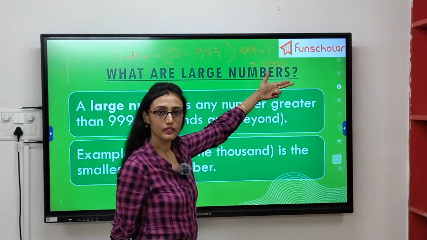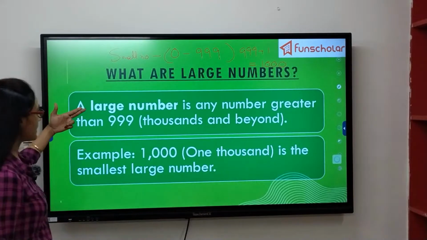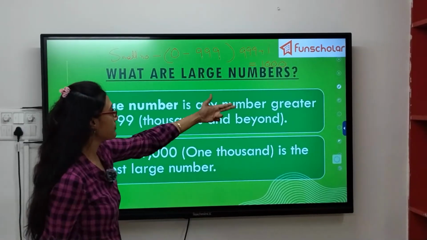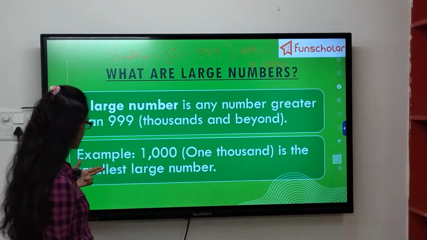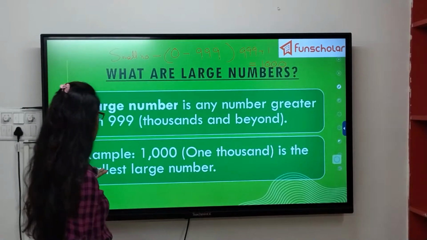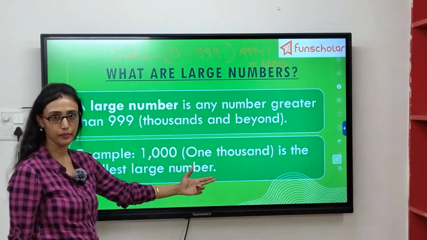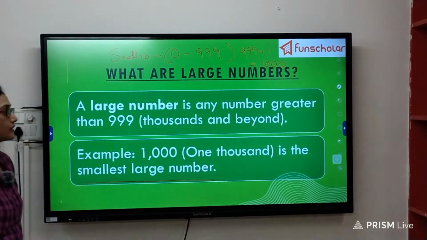So from here, large number starts. A large number is any number greater than 999. Example, 1000. Now 1000 is the smallest large number. Right? Okay.